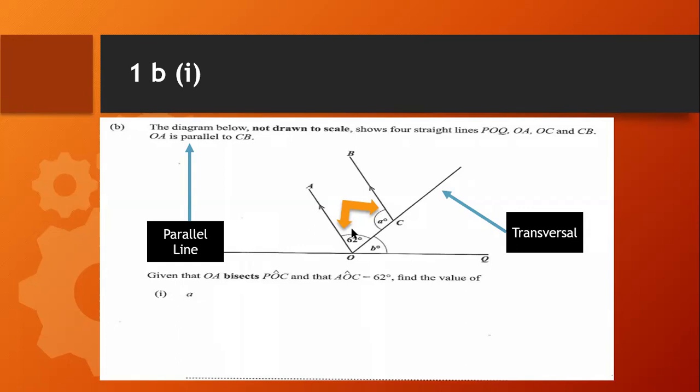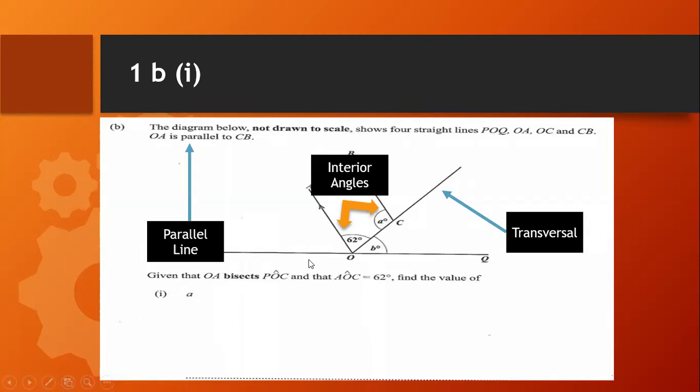Now, when the parallel lines are set up in a way such that there is a transversal, or a line connecting the two parallel lines together, we give rise to what are called interior angles. So these here are interior angles. And what do we know about interior angles?